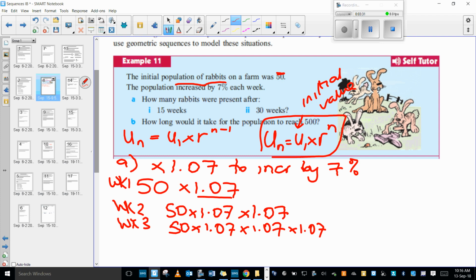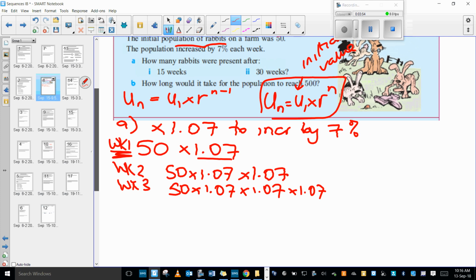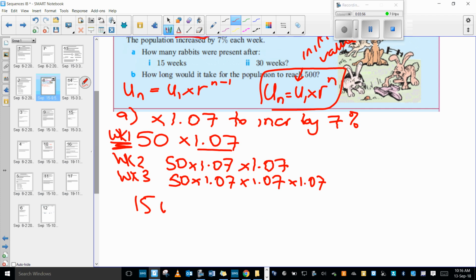You happy with that? So week 1 would be our 50 multiplied by 1.07, so we wouldn't have to subtract 1, because we're looking at the initial value here. So if we want how many rabbits were present after 15 weeks, that would be 50 multiplied by 1.07 to the power of 15.